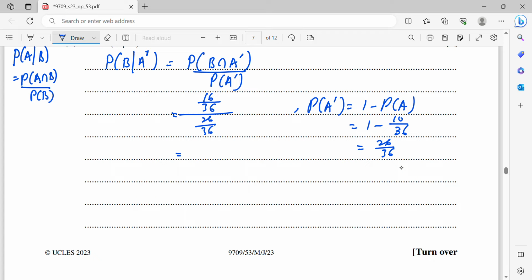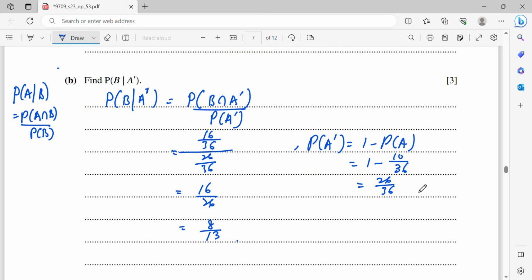And now the 36 can be cancelled off. Then you get 16 over 26 and simplify it into 8 over 13. So that's the conditional probability.